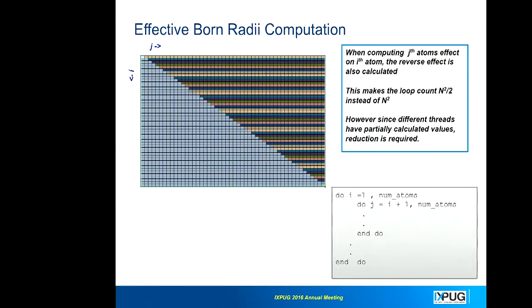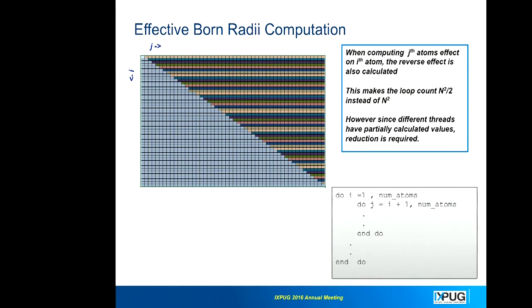To save on some computations, the original implementation used a triangular loop. So you have an outer loop going from I equals 1 to the number of atoms, and the inner loop goes from I plus 1 to atom count, so J is from I plus 1. This makes the loop go from n square to n square by 2, but there is a cost.